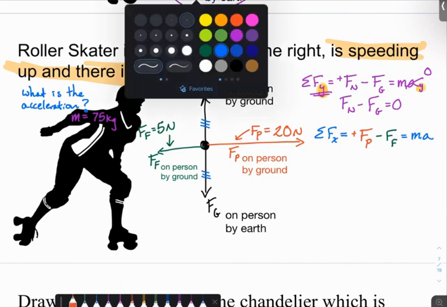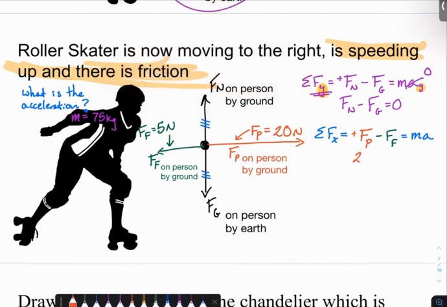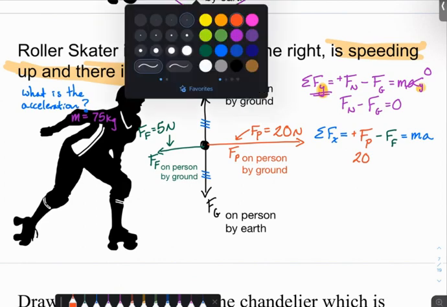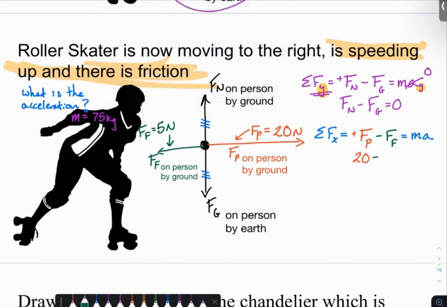In this case, my force push is 20. My frictional force is 5, so I have minus 5. And that'll be equal to my mass, which is 75, times my acceleration. So then all I need to do is 20 minus 5, which is 15.